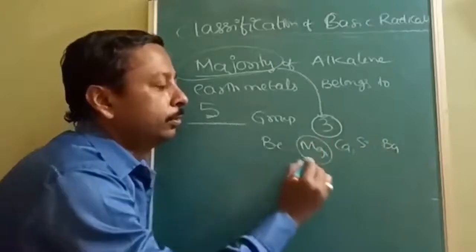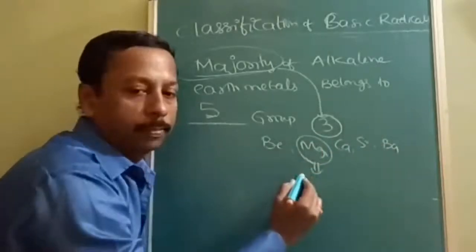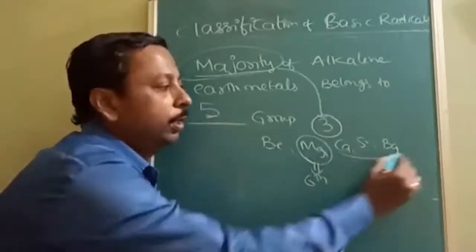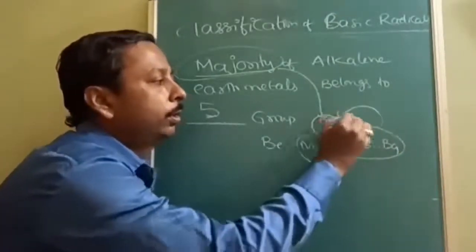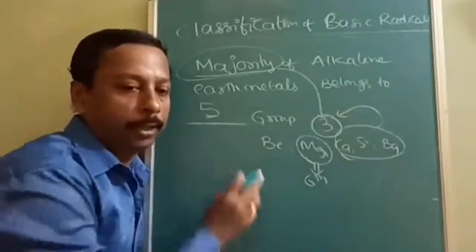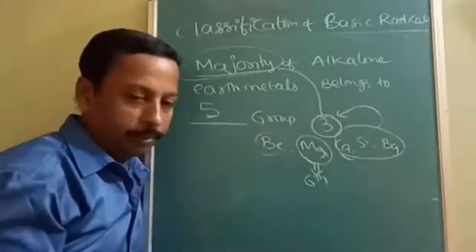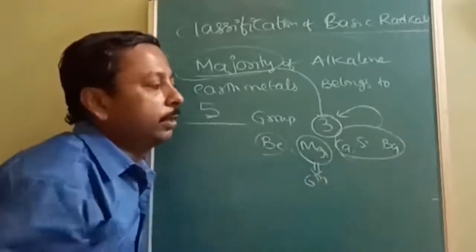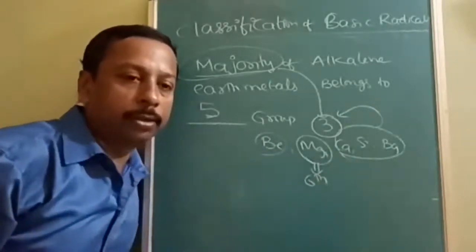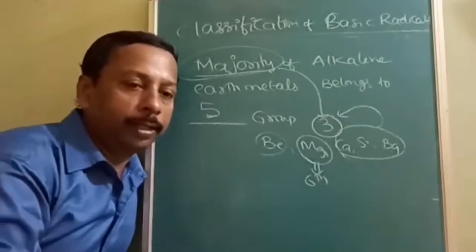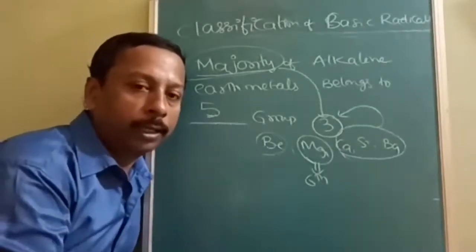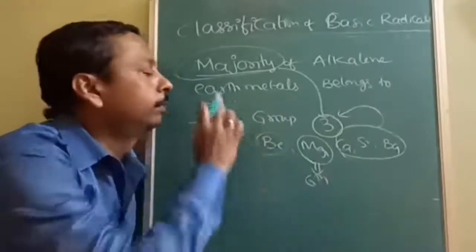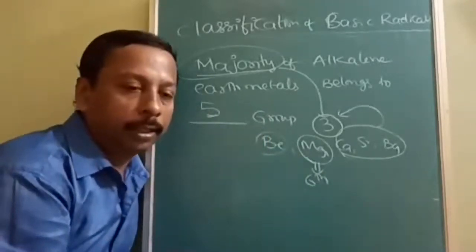Magnesium belongs to the sixth group, so the leftover three belong to the fifth group. Beryllium is not classified into any of the groups. So the last three cations of alkaline earth metals belong to the fifth group of the cations.